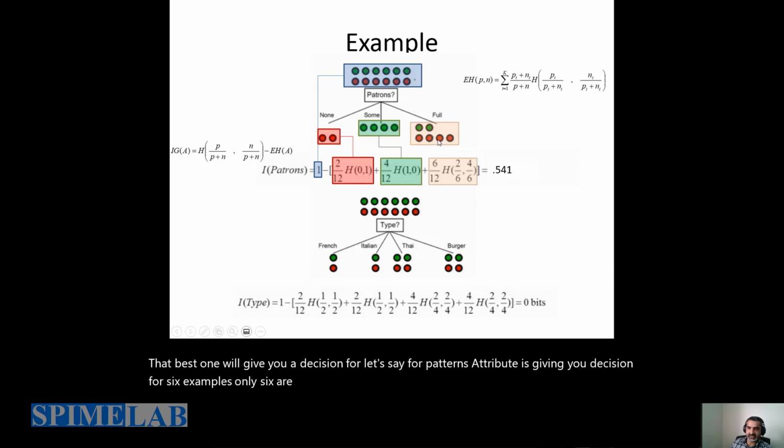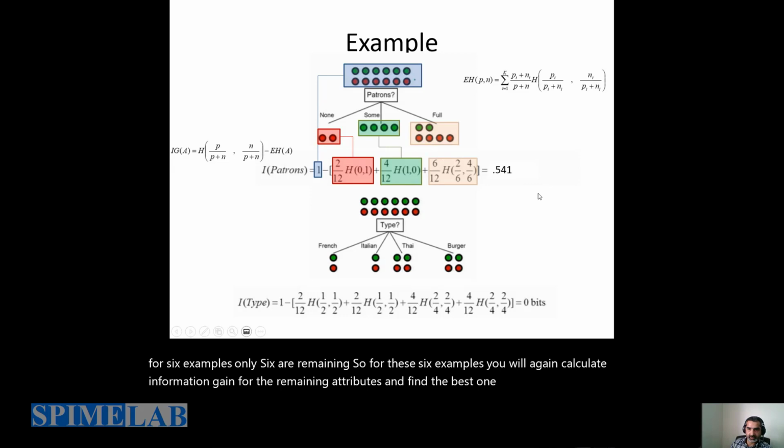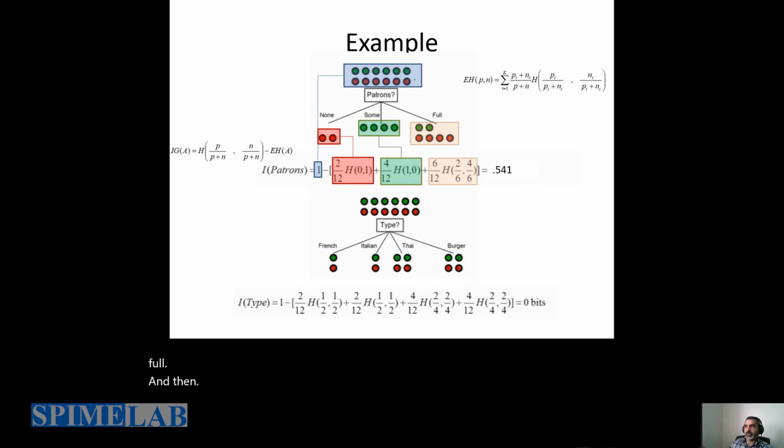So for these 6 examples, you will again calculate information gain for the remaining attributes and find the best one and put it under full. And then move on to the remaining examples until you get a tree that is consistent or better than the other trees. This is all there is about the ID3 algorithm.